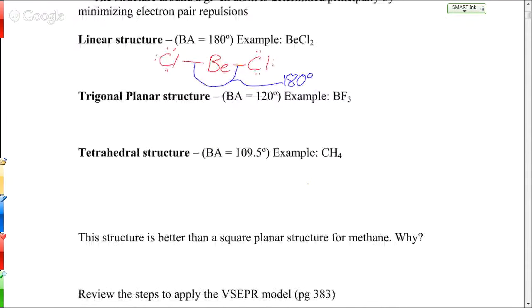All right, moving to the next structure, BF3. Now we drew BF3 in a Lewis structure like this. But that's not the best way for these fluorine atoms or those bonds to be far apart from each other.